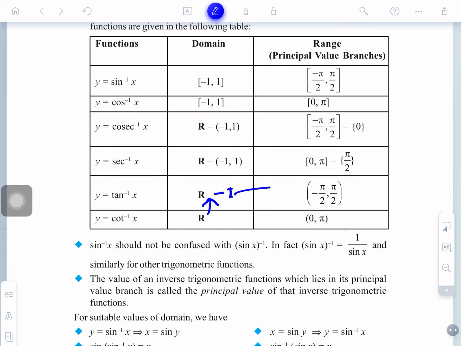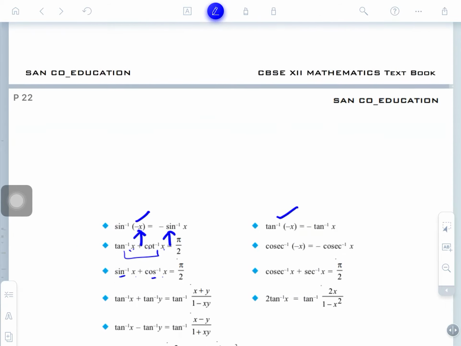If I take minus 1, is it giving an image? No, this will not come in the domain here. However, the domain is real, but minus 1 does not have an image right now. So this is not coming in this domain, and the range will not come into use.